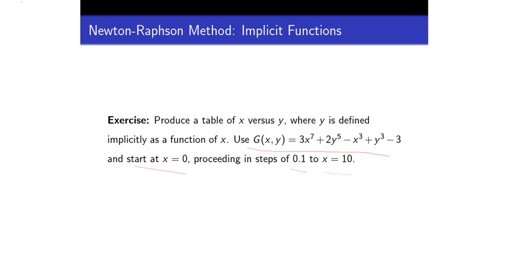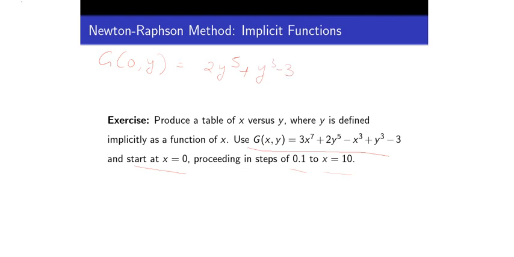Suppose, what is g of 0 comma y? If x is prescribed, g of 0 comma y is 2y to the power 5 plus y cube minus 3.